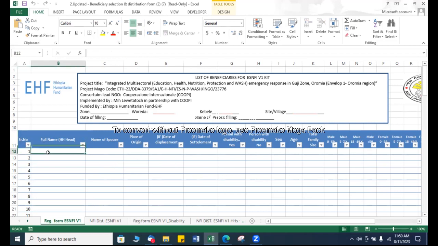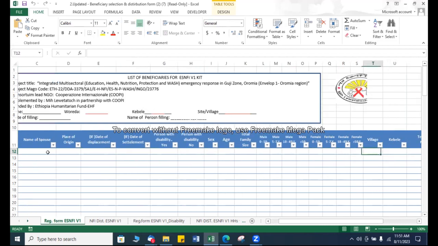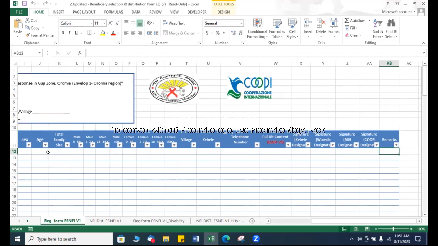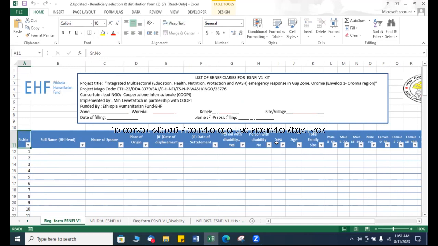For example, if there is an agriculture activity, some of the sections will remain the same, but there are some areas that might be edited based on the type of activities you have. But overall, this is the beneficiary registration we mostly use.